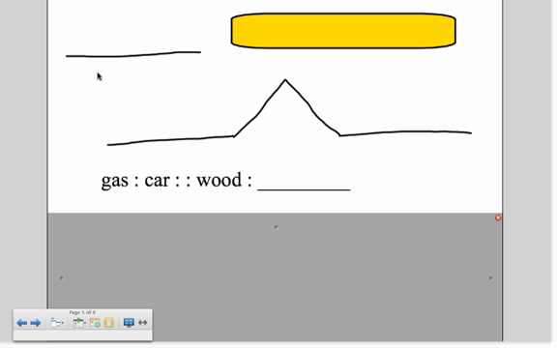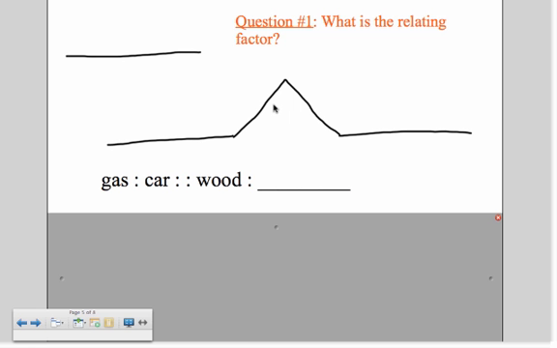Now, what is the relating factor? After you've written that in, that is question number 1 on the form. What is the relating factor for this analogy? Go ahead and answer that question, and when you're ready, come back.